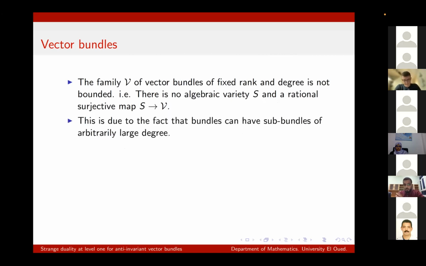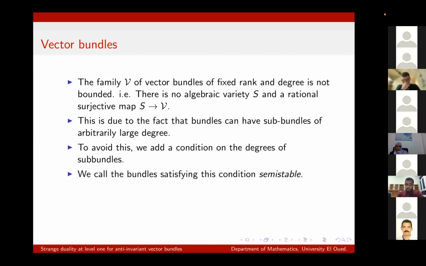Okay, so to find a good moduli space, we need to make some other condition on vector bundles of fixed rank and degree. These conditions are called semi-stable conditions. The semi-stable conditions are related to the degrees of subbundles, and they are defined as follows.